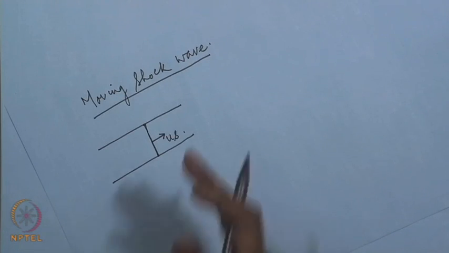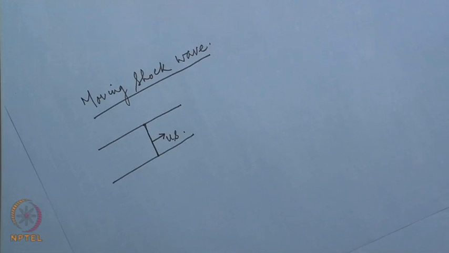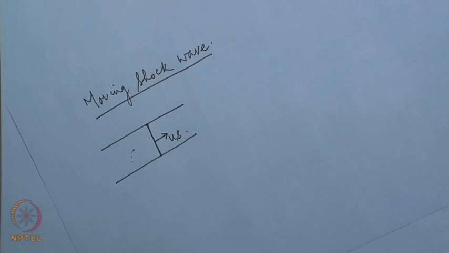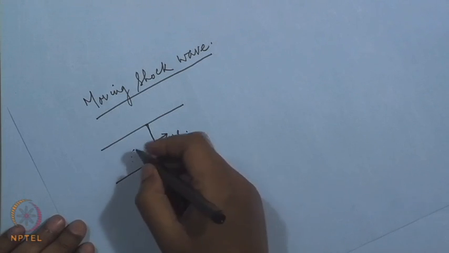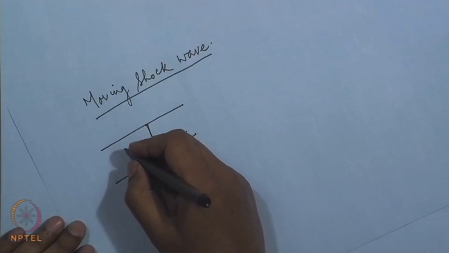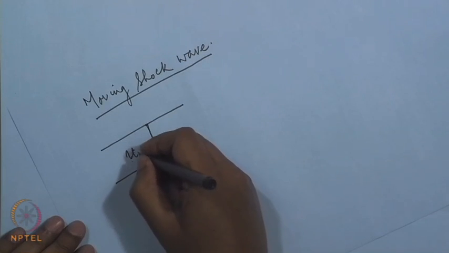As the shock moves with the speed u s, the fluid behind it, that is the fluid in this region, is also being dragged with it, and let us say that the fluid behind it is moving at a speed u b, and the fluid in front of it is stationary. That is, the shock is moving through a stationary fluid.